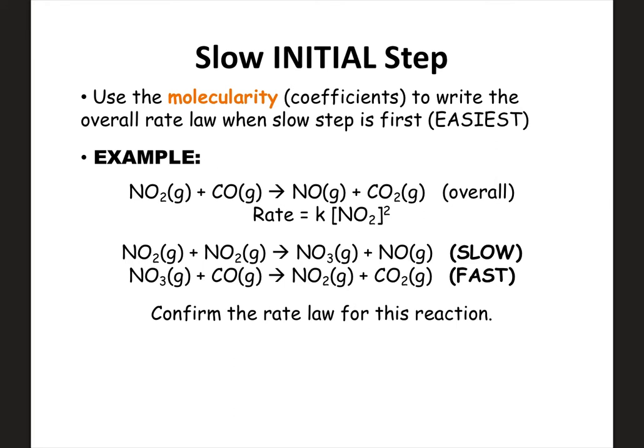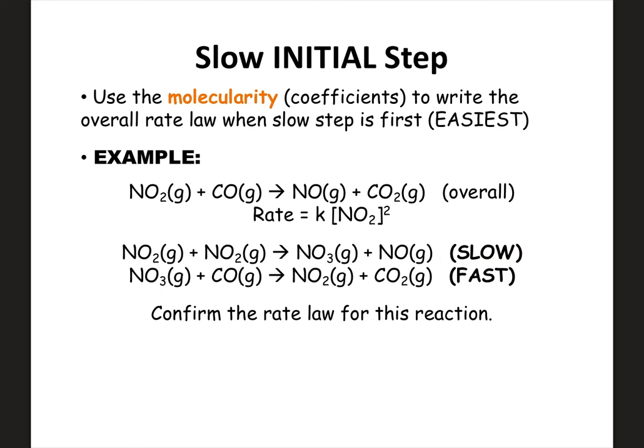Now we want to look at this mechanism to see if we can confirm this rate law. There are two steps in the mechanism. Each of these steps is an elementary step. The first step is slow, the second step is faster. Remember, you can determine the rate law from the slow step. And since the slow step is first, this is very easy.